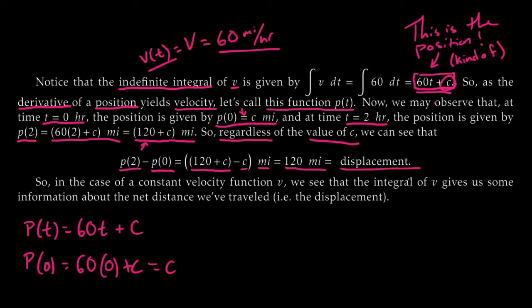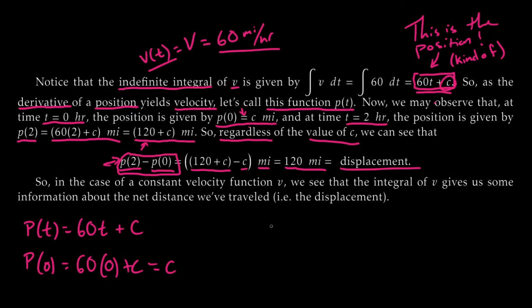That's our displacement. So in the case of a constant velocity function, we see that the integral of v gives us some sort of information about the net distance we've traveled, the displacement. There's a little bit of an extra step here. It's this part where we are subtracting things. You'll see this formula again. You'll see this type of stuff a lot more.